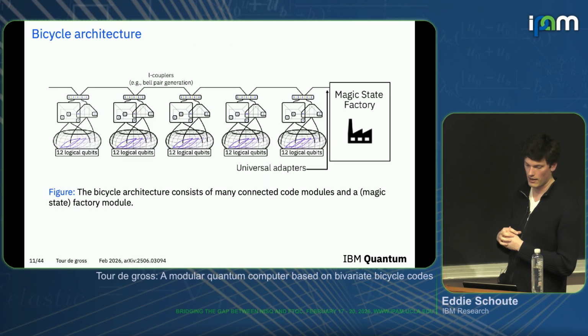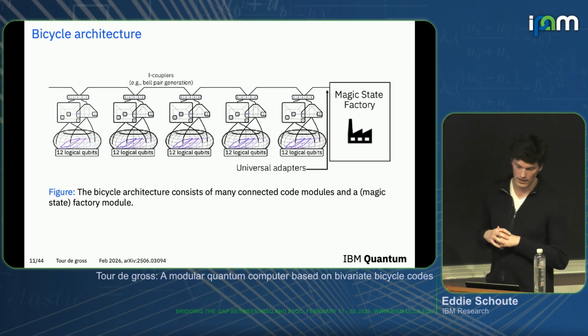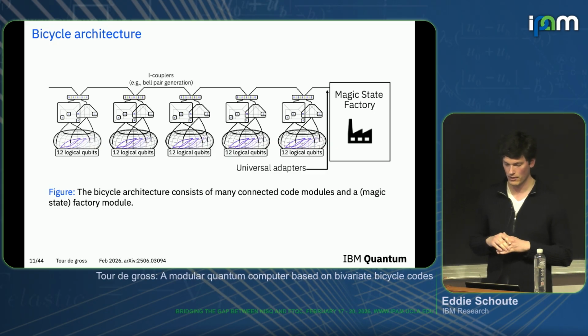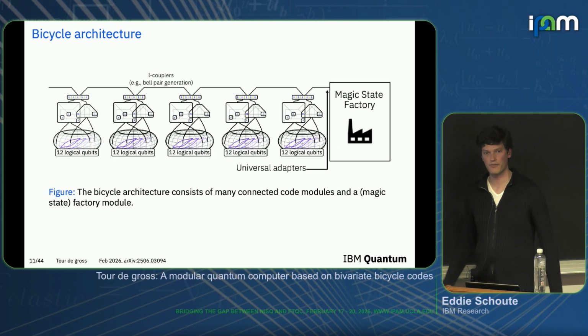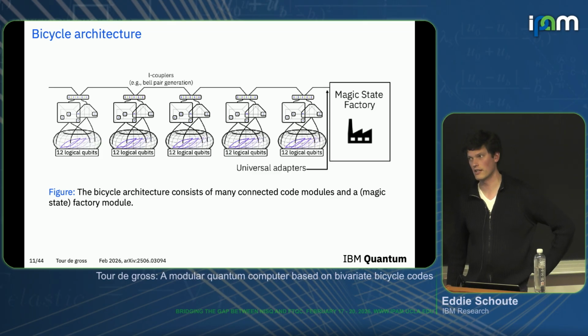And if we connect a bunch of these code modules together through bridge systems, we can build our so-called bicycle architecture. And of course, we will need a way to perform non-Clifford operations. The standard way we use here is to attach a magic state factory to our chain of code modules through a universal adapter. And this magic state factory will inject the necessary magic states into our computation.